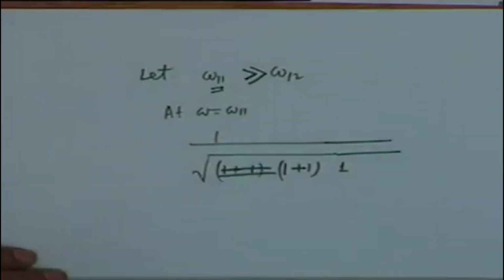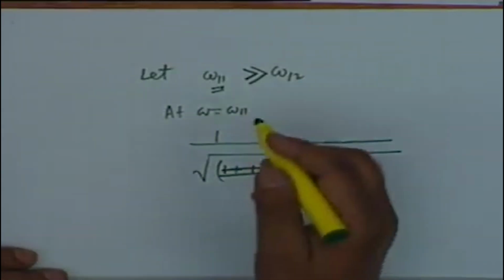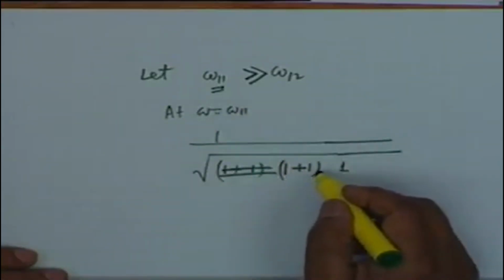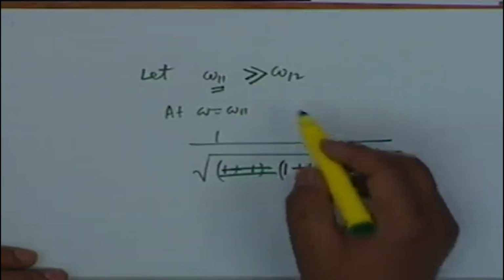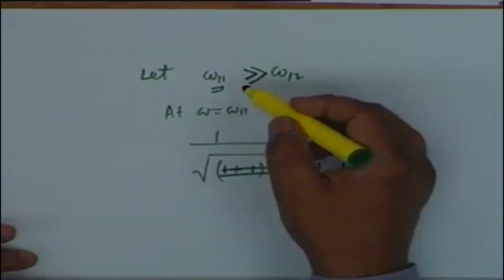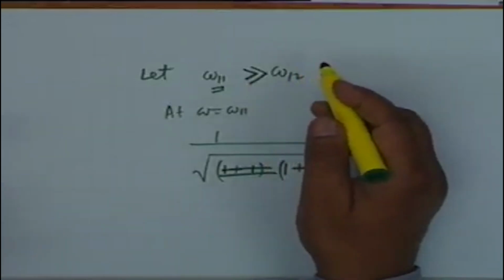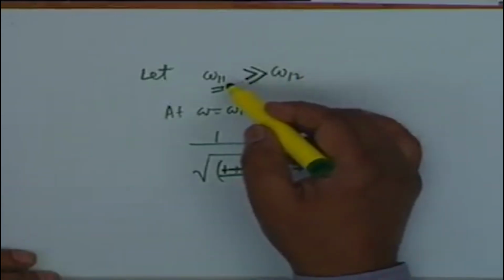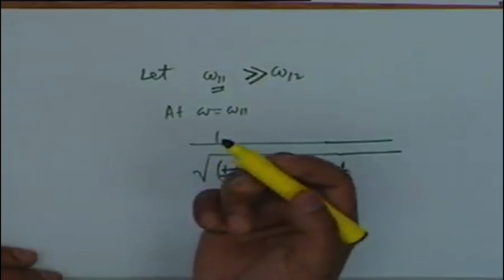Now, how much greater? In practice, 3 times is good enough, because the quantities involved here are not omega 1 but omega 1 squared. All right. So, if one is 3 times the other, 3.3 times approximately, then the squares shall be 1 order of magnitude apart, and therefore 3 times greater is good enough.